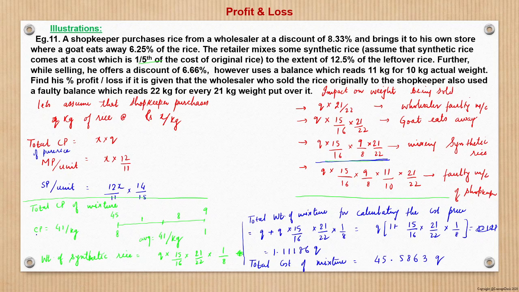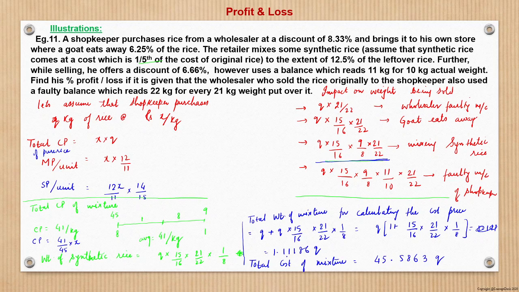So here the CP per unit will be, if 45 rupees is the price of the original rice, then the average cost is 41. So when this is x rupees per unit, it will be 41 upon 45 into x, right?